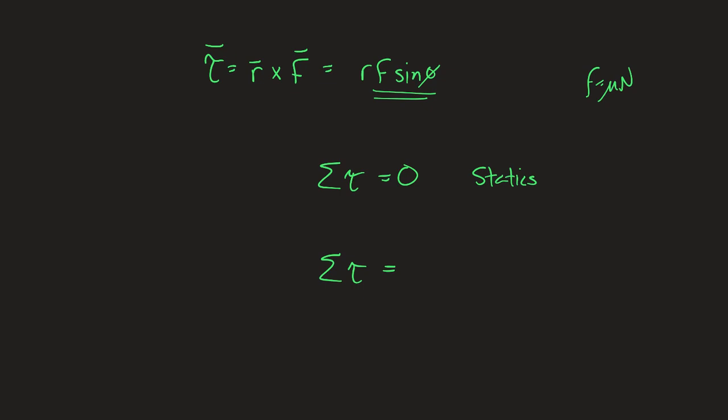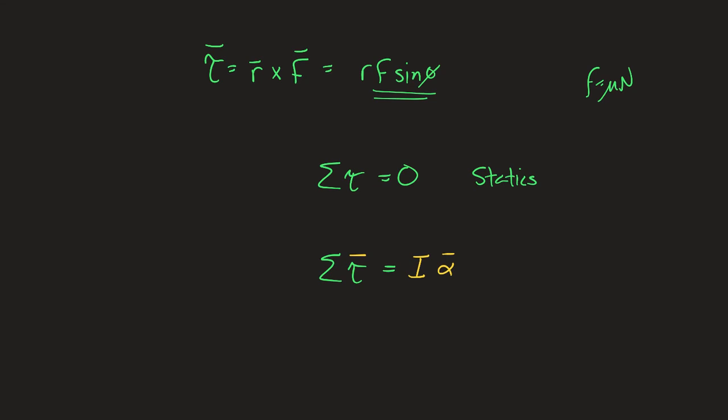Now, this shouldn't be a huge leap, but if the net torque causes an acceleration, this isn't going to be MA. I think you guys probably know this is going to be I alpha. MA would be for something that's moving translationally.